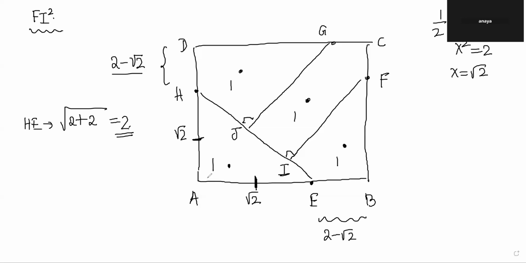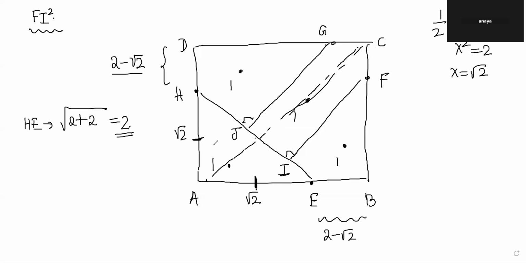If I connect the diagonal of the square, notice that the diagonal of the square will be actually AC diagonal, and it would be perpendicular to this HE, and therefore it will be parallel to GJ and IF also. Something like this.